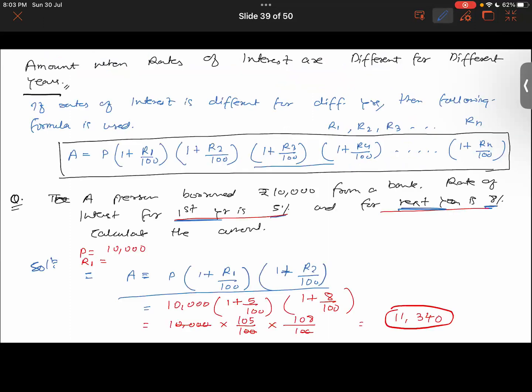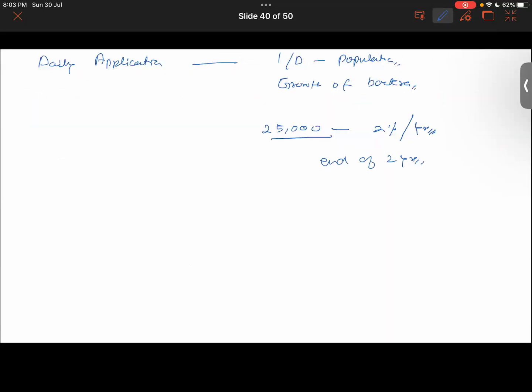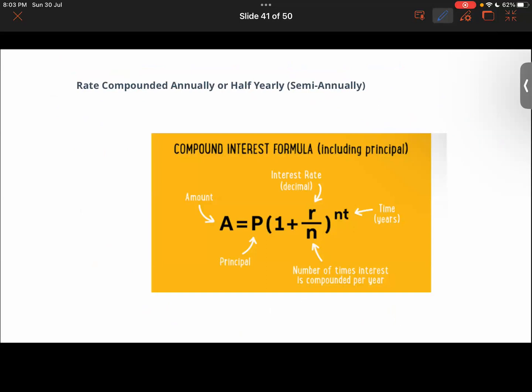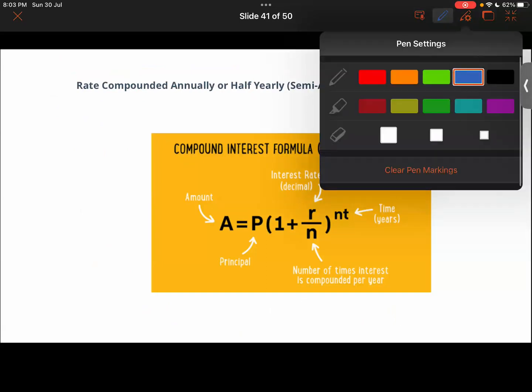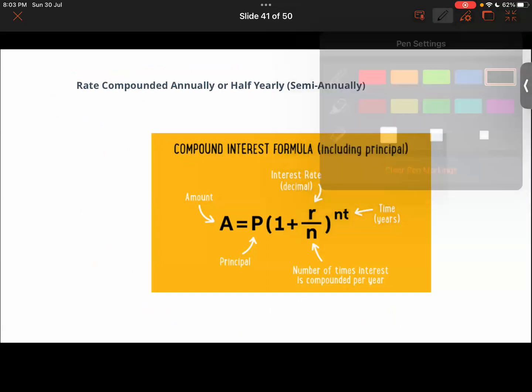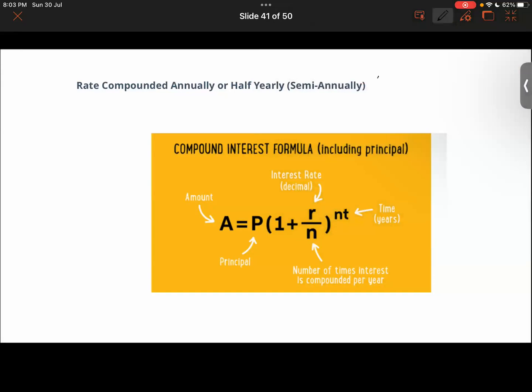Now one important thing we have discussed, that was the amount when rates of interest are different for different years. Now let's talk about what if the interest is compounded annually or half yearly or quarterly. In that case, how do you calculate the rate of interest?